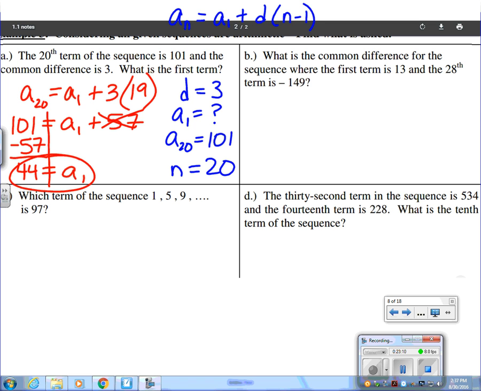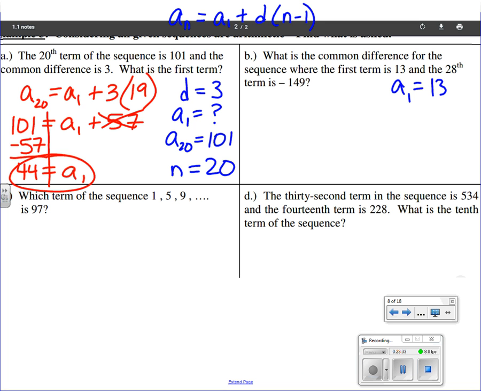Okay. B, what is the common difference for the sequence where the first term is 13 and the 28th term is negative 149? Let's see. Pandora, what's something they give you? Good. A1 is 13.